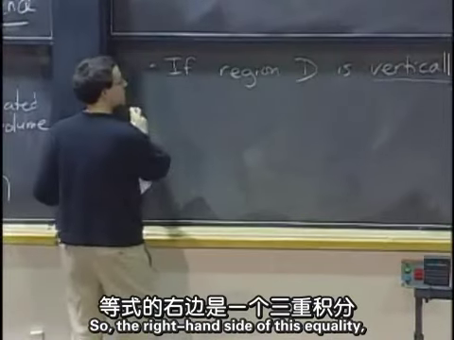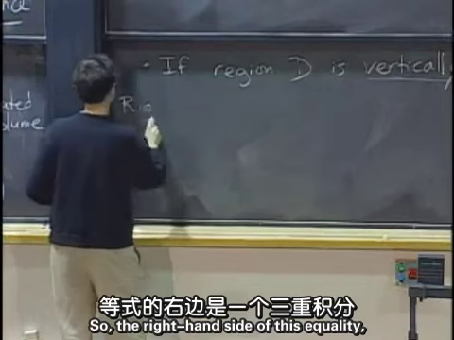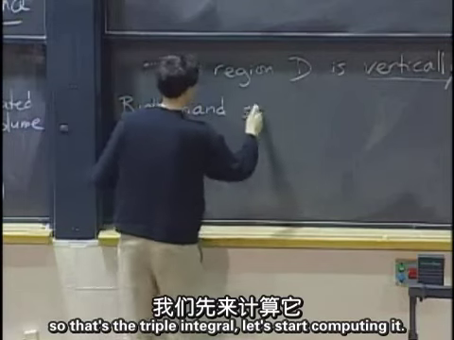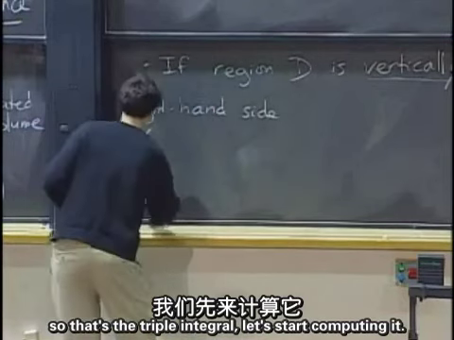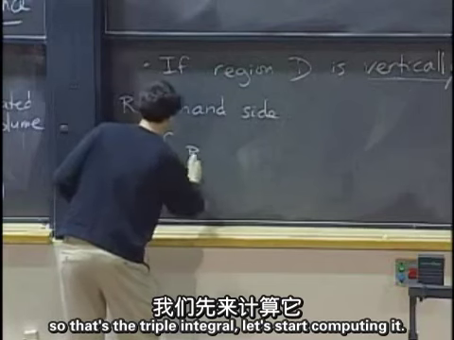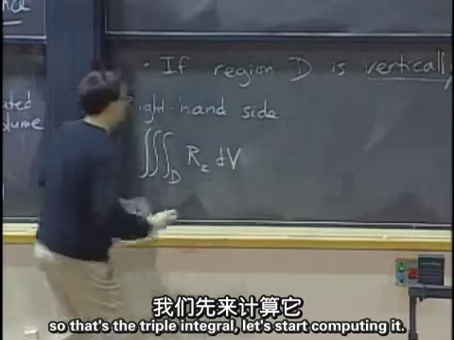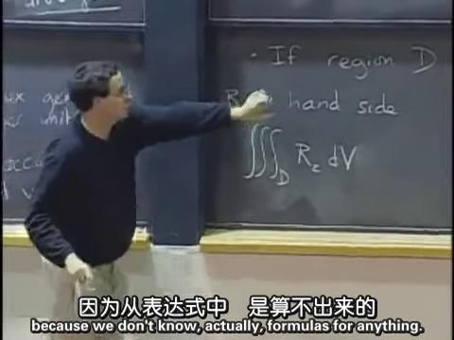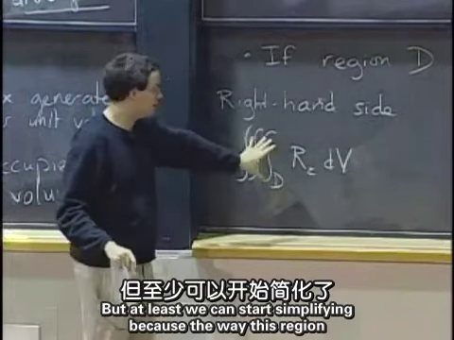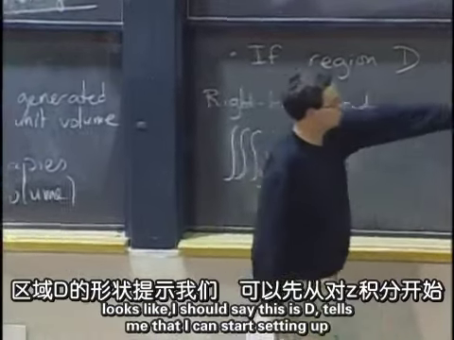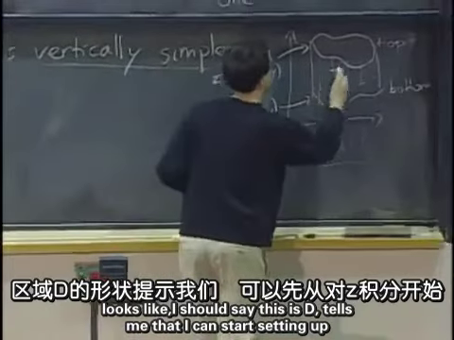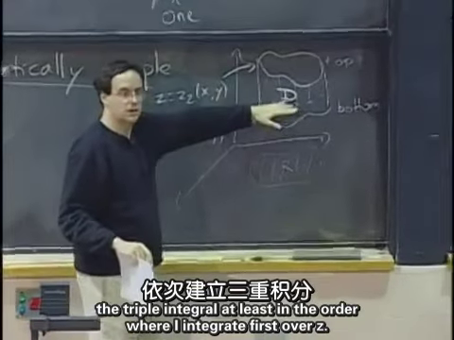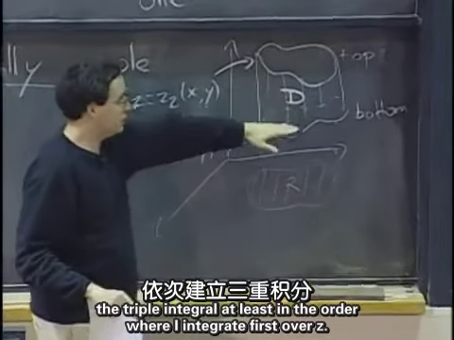Okay, so the right-hand side of this equality, so that's the triple integral, let's start computing it. Of course we will not be able to get a number out of it because we don't know actual formulas for anything, but at least we can start simplifying because the way this region looks, say this is D, tells me that I can start setting up the triple integral at least in the order where I integrate first over z.